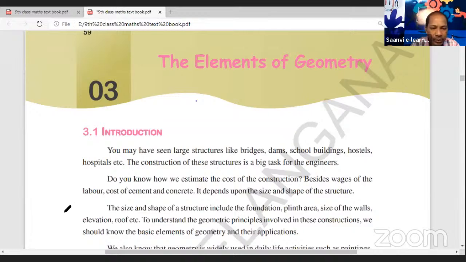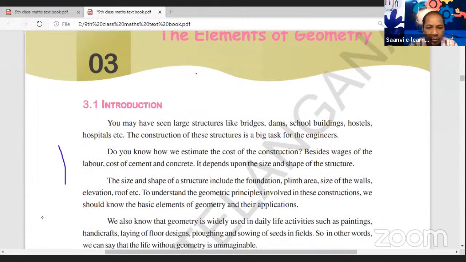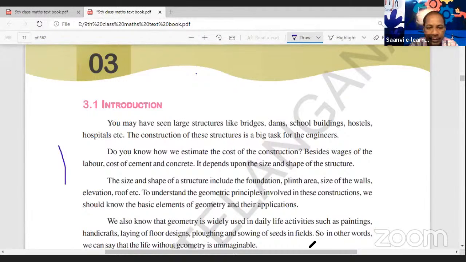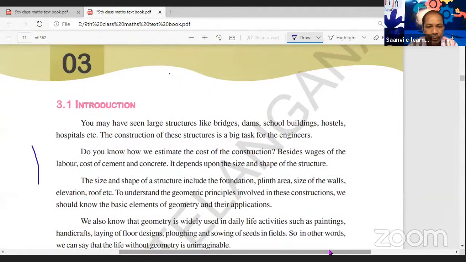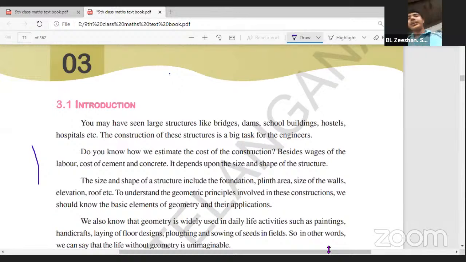Read from the third paragraph. Okay, see here it is given that the size and shape of a structure include the foundation, plinth area, size of the walls, elevation, roof, etc. To understand the geometric principles involved in these constructions, we should know the basic elements of geometry and their applications.